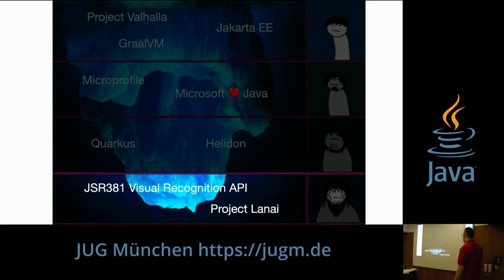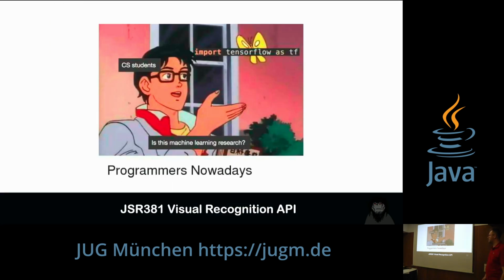Okay, we are going one level deeper, and this is probably the part that got old the most in that presentation, because we are talking about the Java standard for machine learning from the times before LLMs, and now everything has changed because everybody is into LLMs.